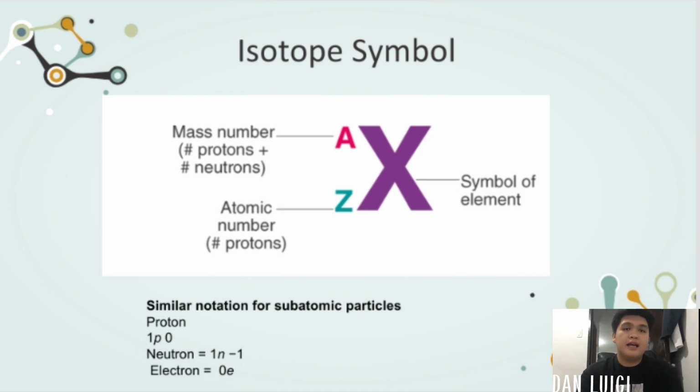A is the mass number, the number of protons added to neutrons, and Z is the atomic number, the number of protons, which identifies the element. Similar notation is used for subatomic particles: the proton is 1 and 1, the neutron is 1 and 0, and the electron is 0 and -1.